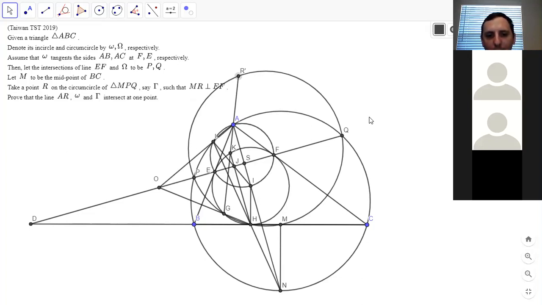Oh, so we proved that using harmonic quadrilaterals. So EKFG is harmonic. So Hoy just proved that.